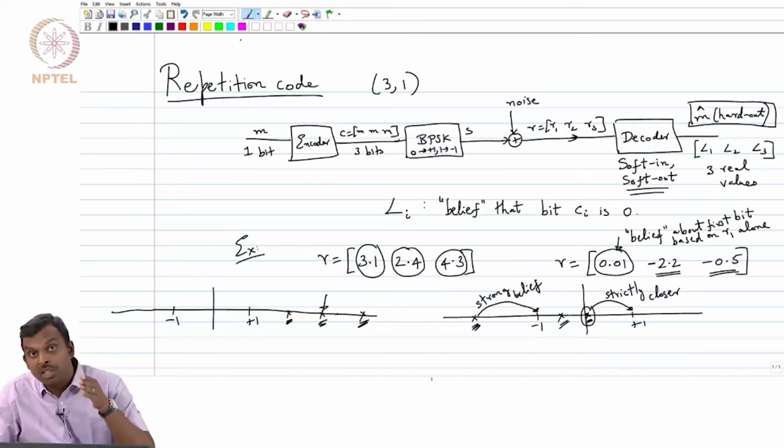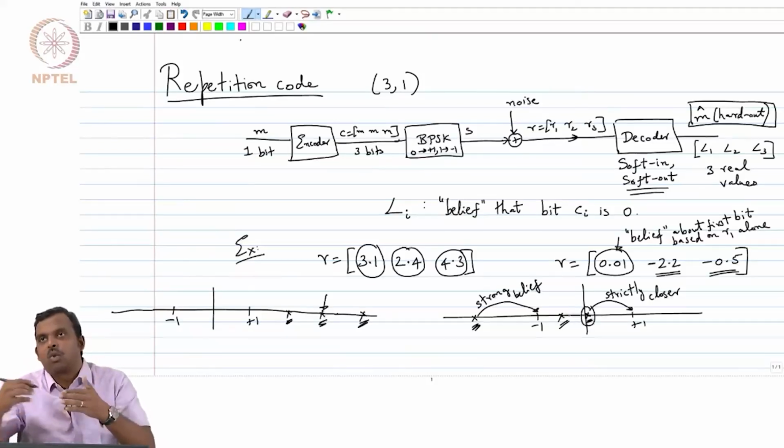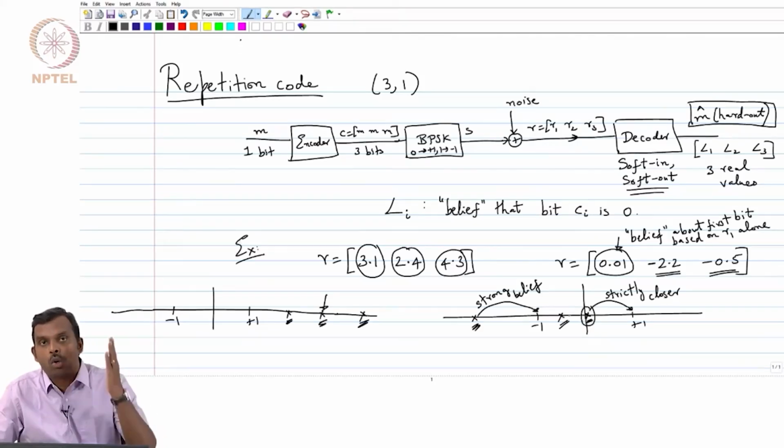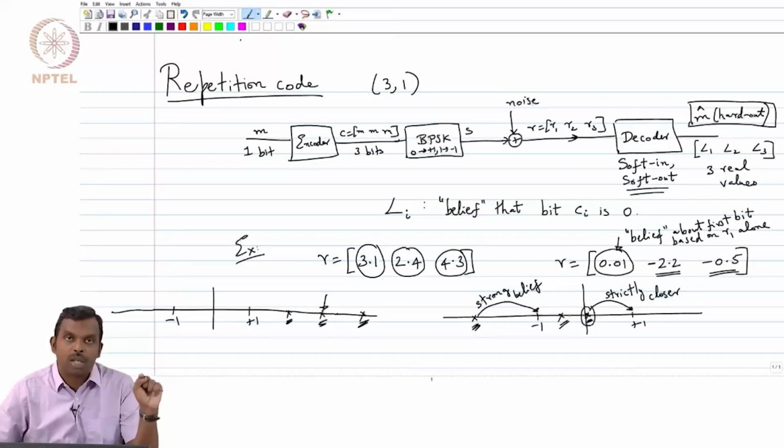It's much better than 0.01, but still it could have been +1 also. It's not so far away from +1. But nevertheless, it is still a stronger belief than 0.01. So when you want to decide about the first bit, you want to take into account R1, but also what R2 and R3 tell you about the first bit, particularly because the same bit was transmitted again and again and again.